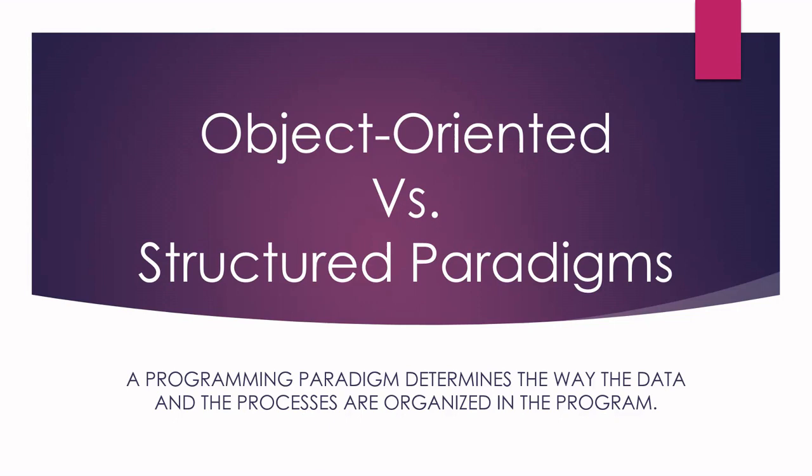So any program, no matter what it is, has data and some processing applied on this data in order to solve the problem. The different paradigms organize the data and the processing in different ways. That's the main difference between one paradigm and the other.